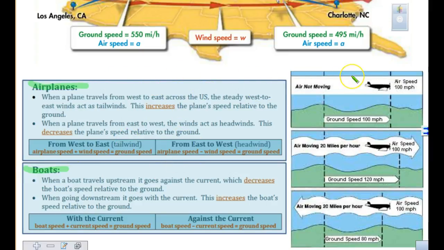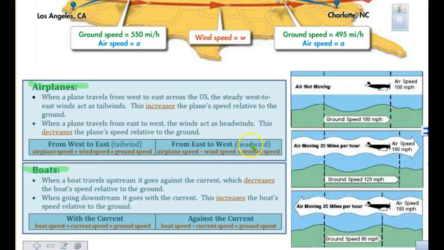When a plane travels from the west to east coast of the United States, a steady west to east wind acts as a tailwind. That increases the plane's speed relative to the ground. When the plane travels from east to west, we have headwinds. This decreases it. So when you're told that something is going with the wind, the speed of the airplane plus the wind speed equals your ground speed.